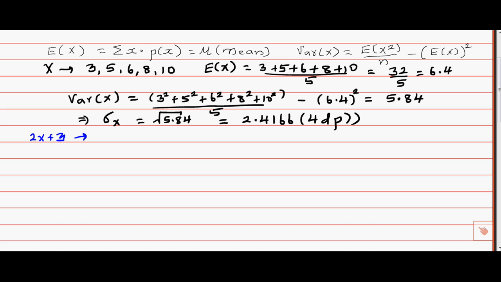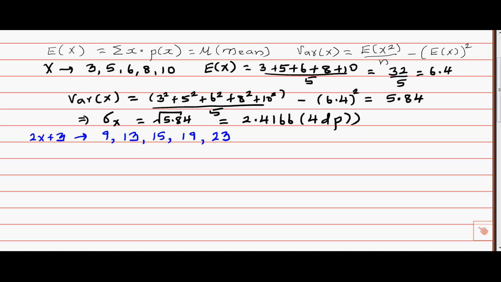So 3 times 2 is 6, 6 plus 3 is 9. 5 times 2 is 10 plus 3 is 13. The next is 6 times 2 is 12, 12 plus 3 is 15. 8 times 2 is 16 plus 3 is 19, and 10 times 2 is 20, plus 3 is 23.